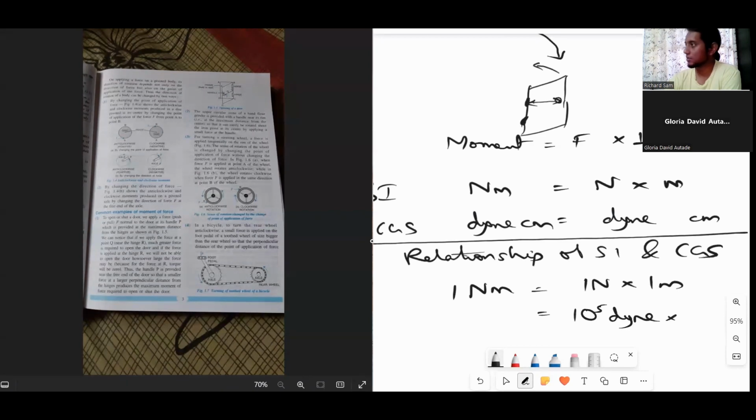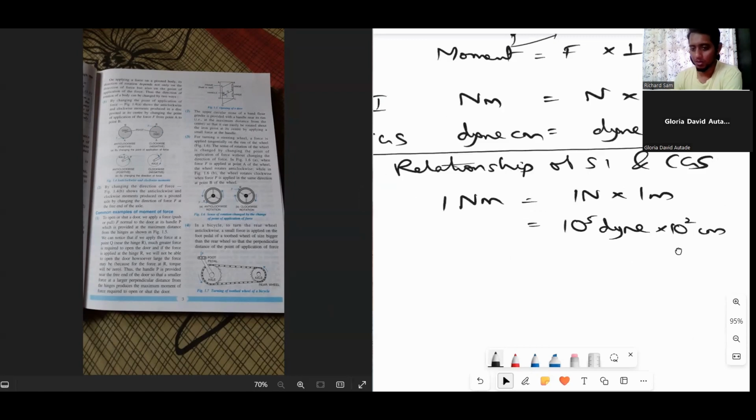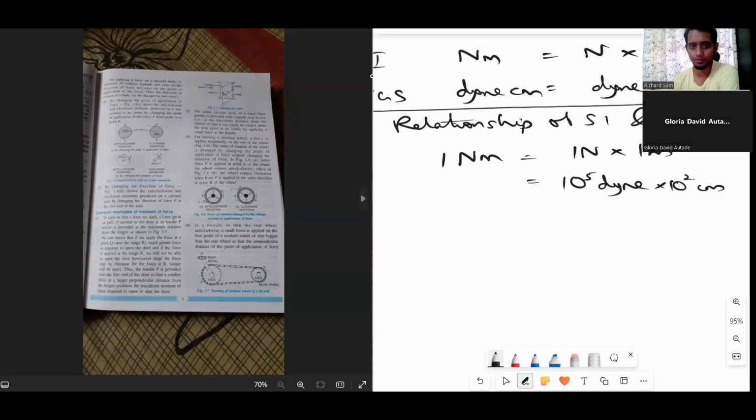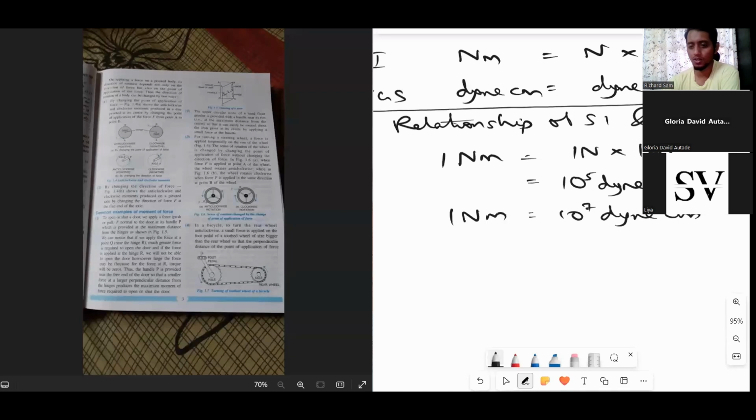And 1 meter is how many centimeters? 100 centimeters, which can also be written as 10 raised to 2. So if we multiply these two, we're getting how much? 10 raised to 7 dyne centimeter. So that is the conversion. 1 Newton meter is equal to 10 raised to 7 dyne centimeter.